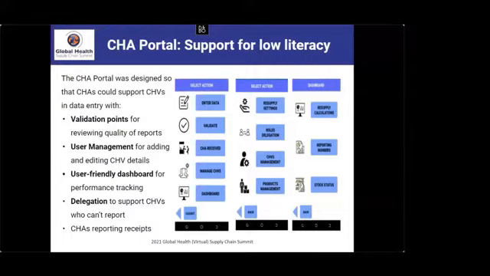And then we also have a user-friendly dashboard that helps in monitoring the performance of the CHVs. And the CHA is able to delegate to support CHVs who cannot report or who have no phone. And lastly, CHA reporting receipts, which sends a communication message to the community health volunteer that the order that they had placed is ready to be picked.